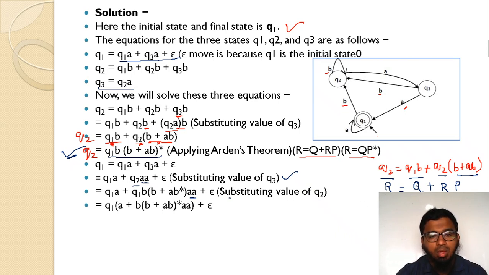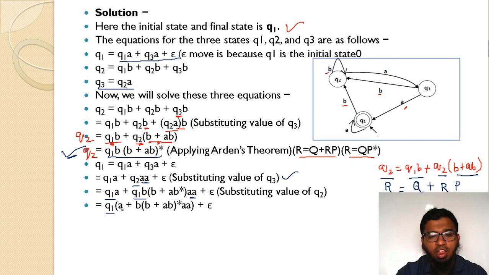Next we are taking out the common thing, Q1A plus Q1B of B plus AB closure AA. So what is the common in these two? Q1 is common.